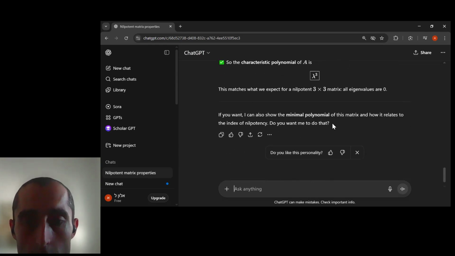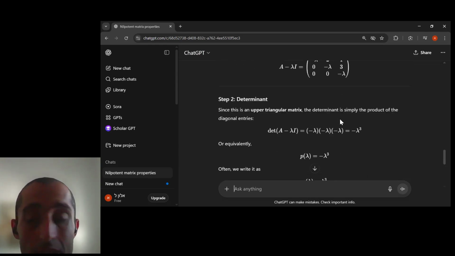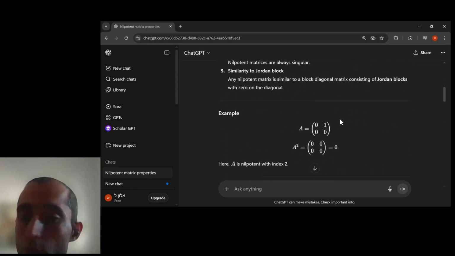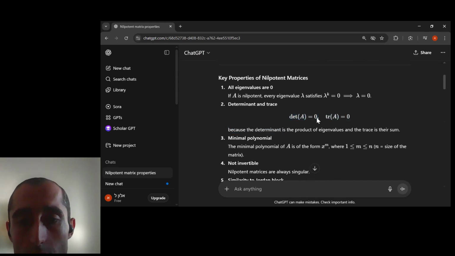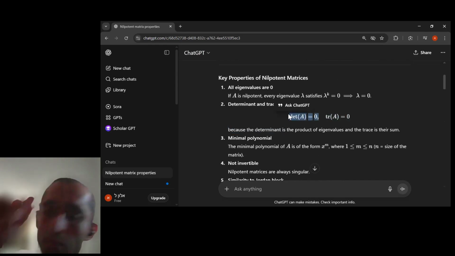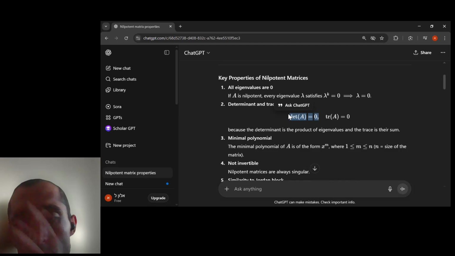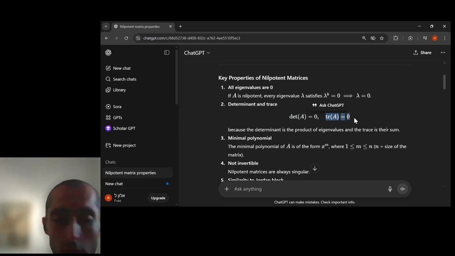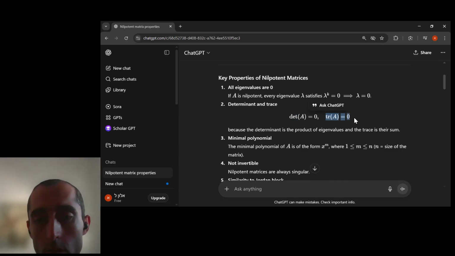This is another property that we just learned about. So we know that the multiplication of the eigenvalues of a matrix equals what? It equals the determinant. And if all the eigenvalues are zero, of course, multiplying zero will give you zero. So the determinant of a nilpotent matrix will always be zero. Now for the trace, remember that there is also a relationship between the trace of a matrix and its eigenvalues.